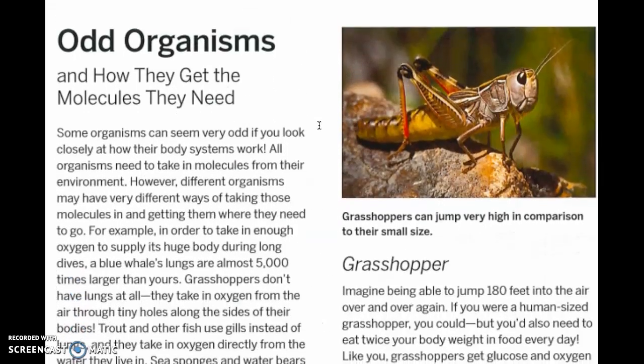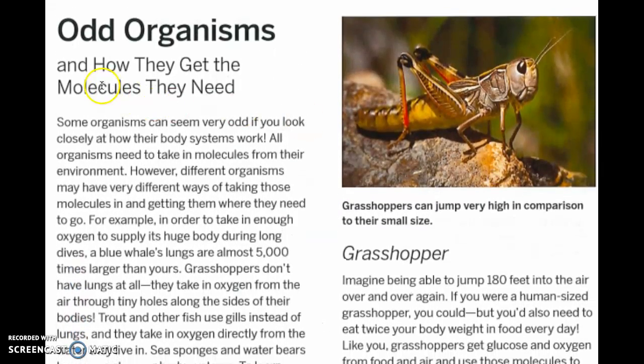So for our reading, odd organisms and how they get the molecules they need. Some organisms can seem very odd if you look closely at how their body systems work. All organisms need to take in molecules from their environment. However, different organisms may have very different ways of taking those molecules in and getting them where they need to go.